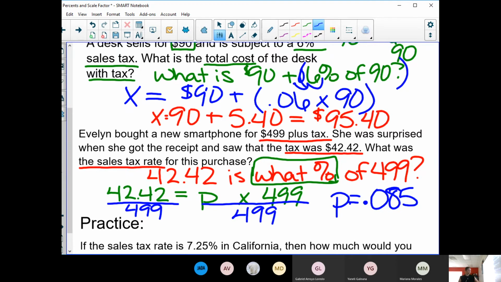So what would I do to 0.085 to change it to a percent? How would you change 0.085 to a percent?